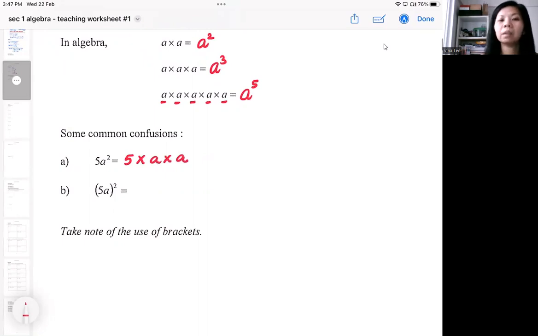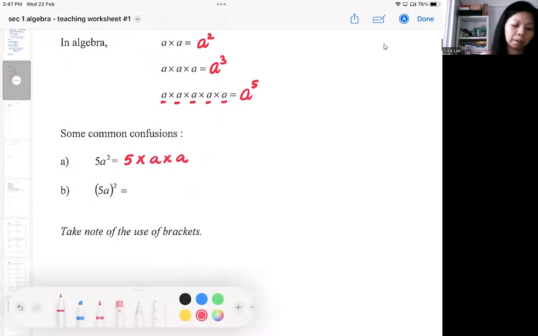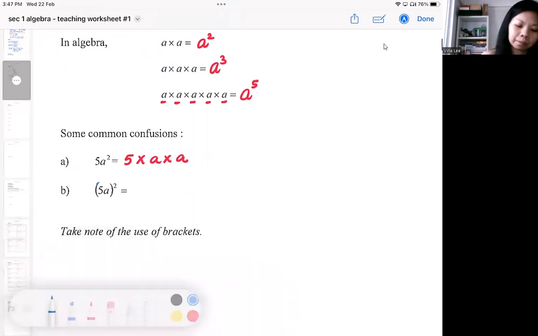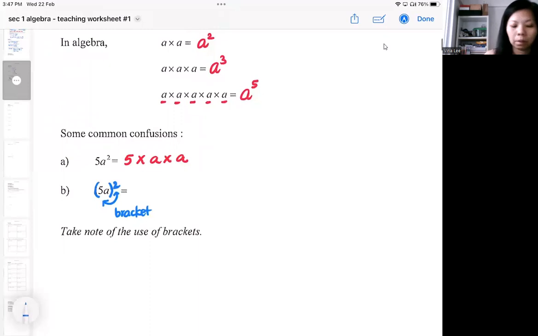But if I put it in a bracket, the bracket is repeated twice, so the bracket is multiplied twice. It will be 5a times 5a.